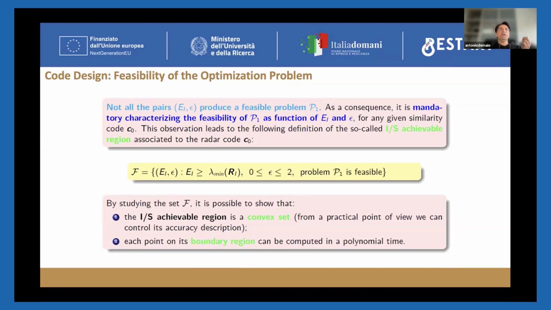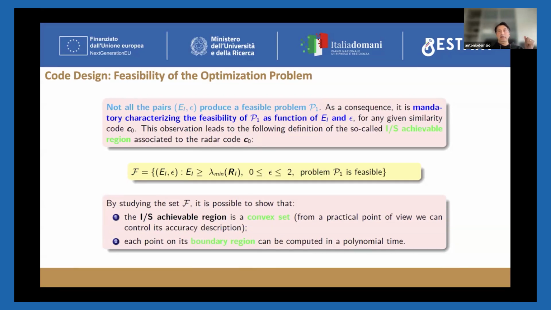This observation leads to the definition of the interference similarity achievable region, which is associated with the reference waveform C0, and it is formally defined in the yellow box here in the slide. It is the set of pairs that lead to a feasible optimization problem.